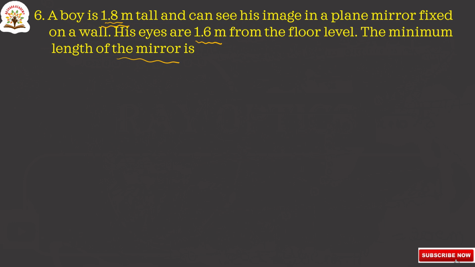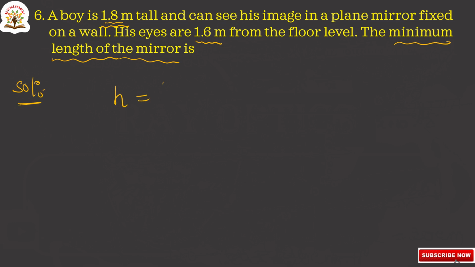So the height of the boy is 1.8 meters and can see his image in a plane mirror fixed on the wall. His eyes are 1.6 meters from the floor level. So what is the minimum length of the mirror we have to calculate. Let us go to the solution.